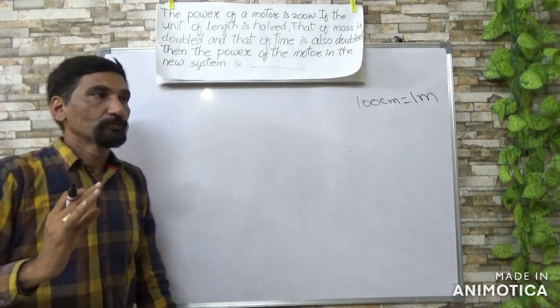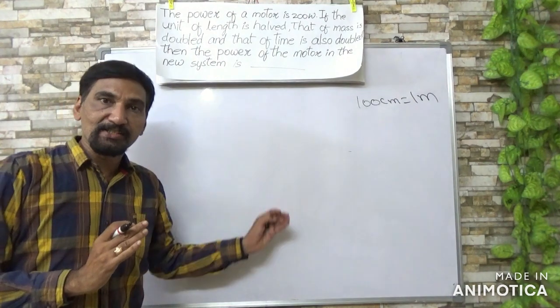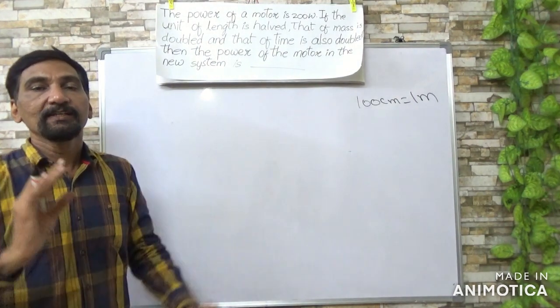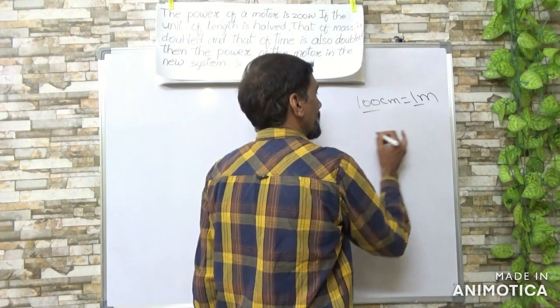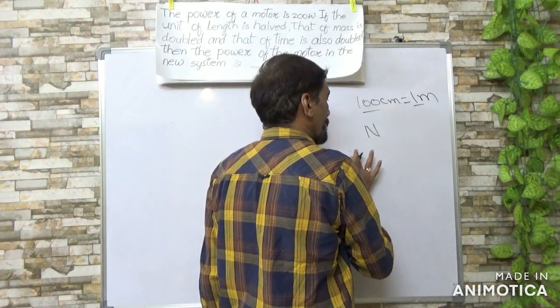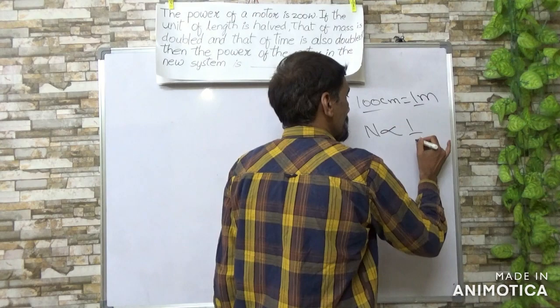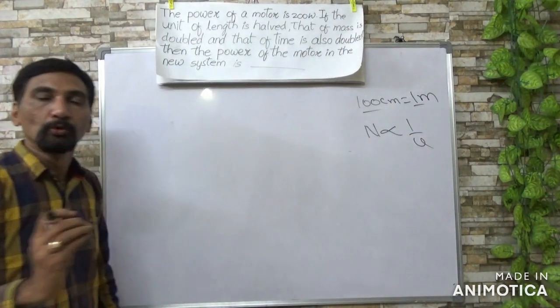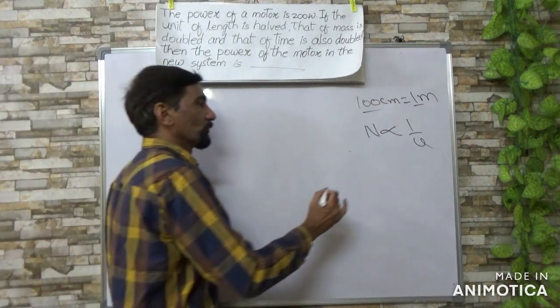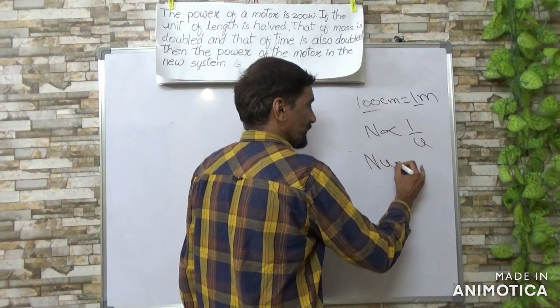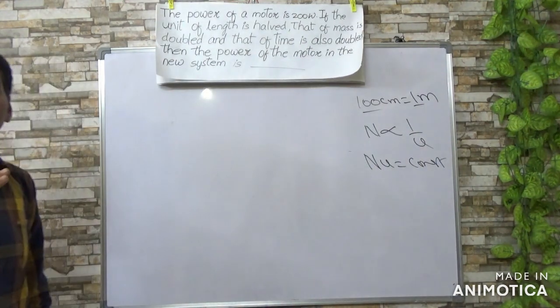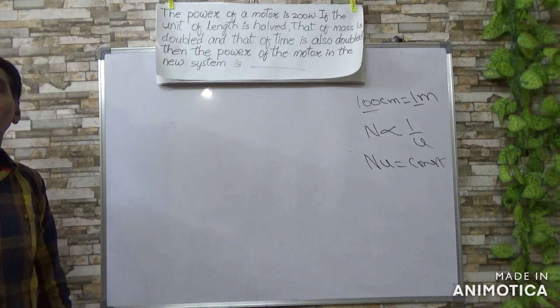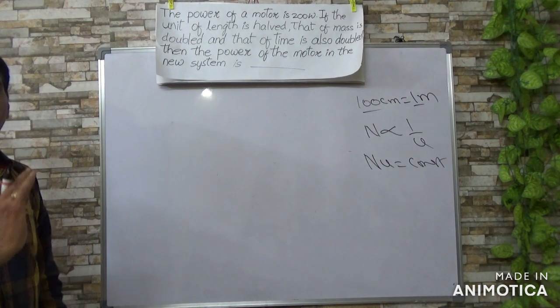Centimeter is in the CGS system, meter is in the SI system. So the numerical value is always inversely proportional to the unit, and the product is constant. So N1 U1 is always equal to N2 U2. Remember this.